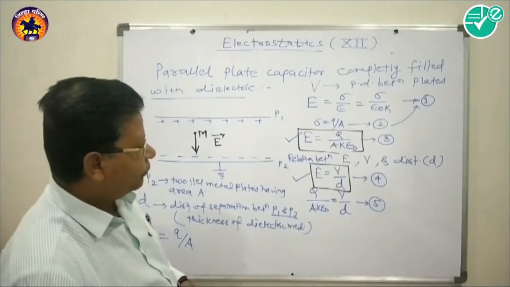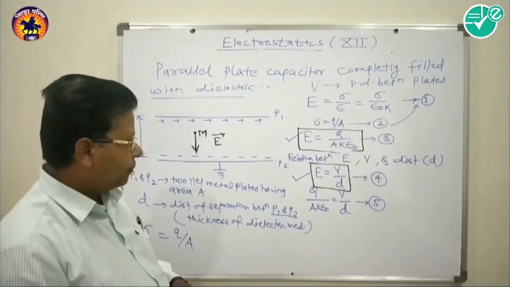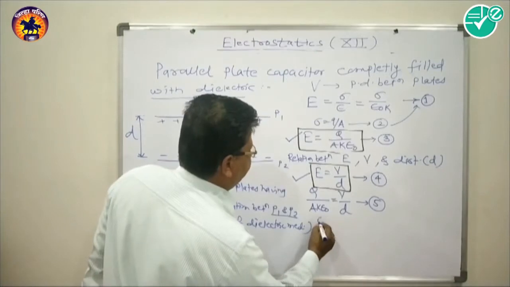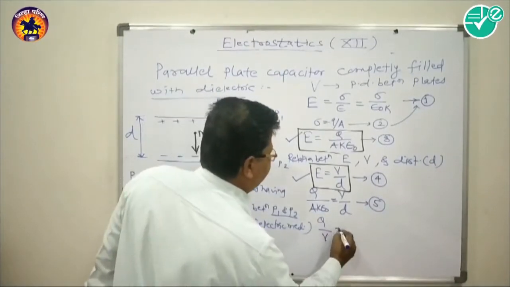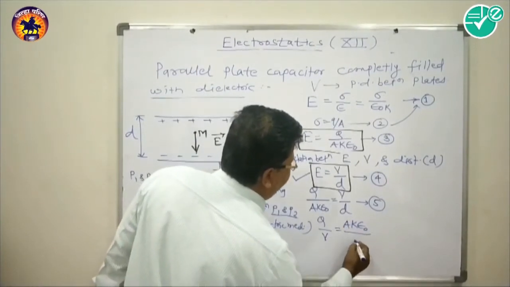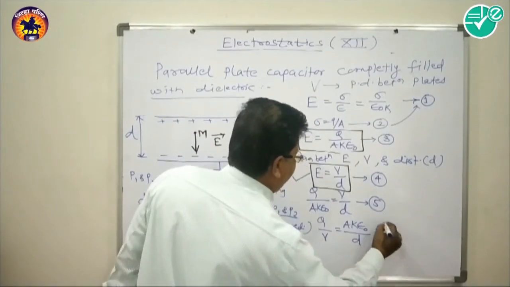And from this equation number 5 so obtained, we write the next step: Q divided by V is equal to A K epsilon 0 divided by D. Suppose this is equation number 6.